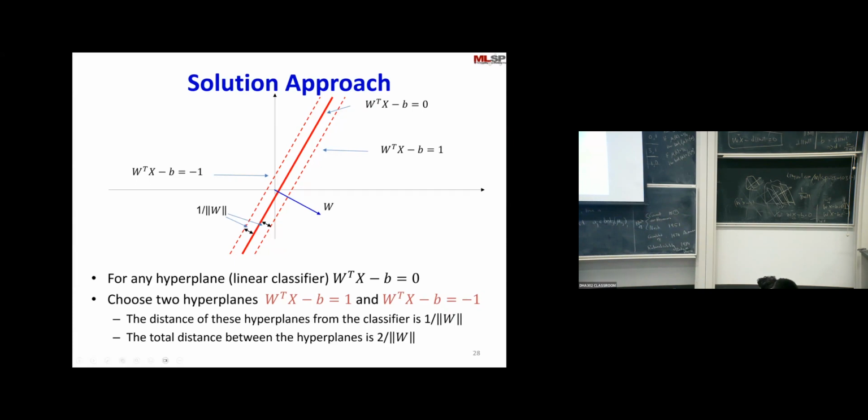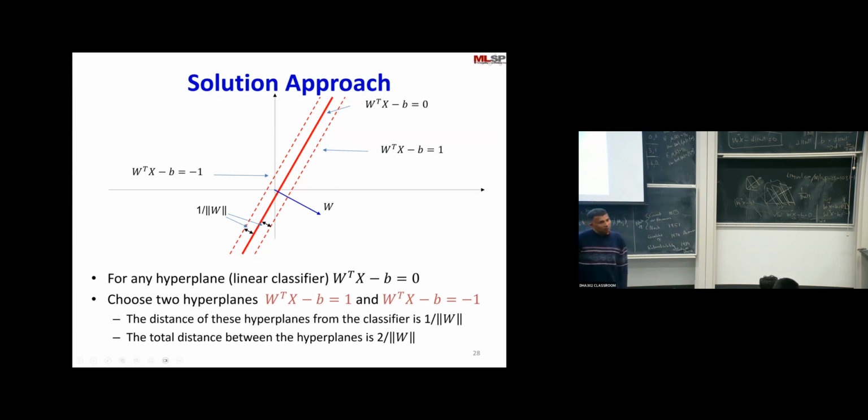For any decision boundary, we can draw these two planes on either side, which we just did as part of our little exercise, which are a distance of 1 over the norm of W from the boundary, right? So I can just draw these boundaries, which are W transpose X minus B equals 1, and W transpose X minus B equals minus 1.